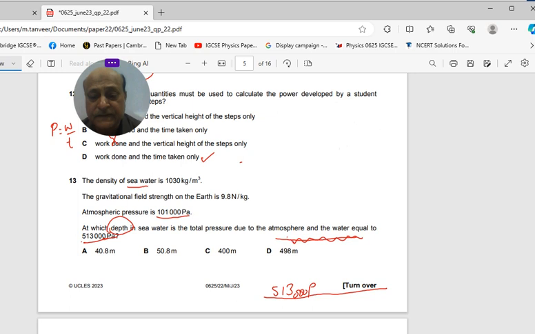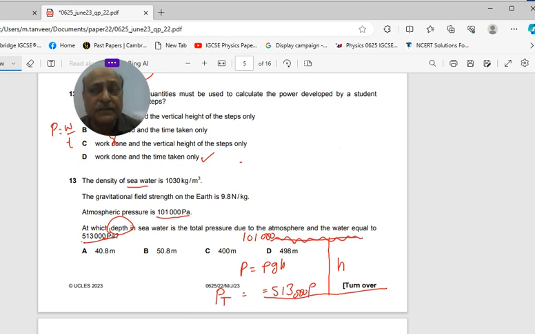Water surface depth is h, you have to find. At the surface, atmospheric pressure is 101,000, and liquid pressure formula is P equals rho gh. So total pressure which is acting at the depth, that is P total, is the total pressure acting on the object which is placed at the depth.